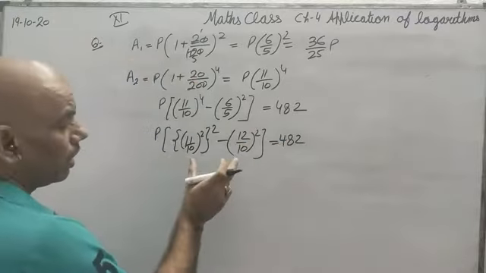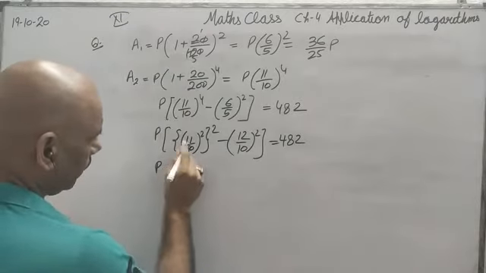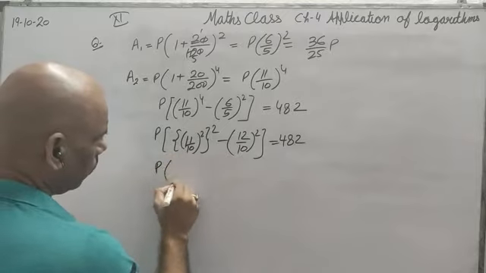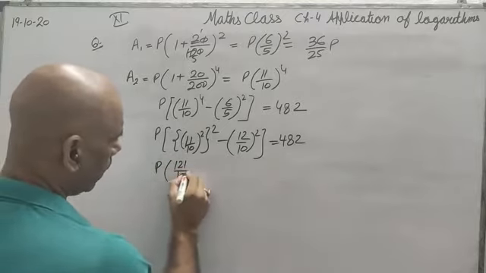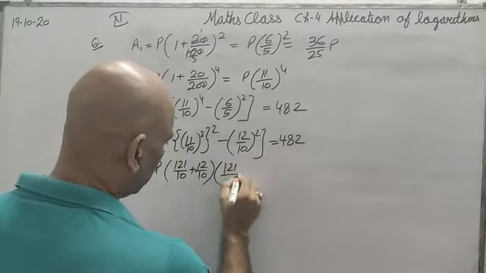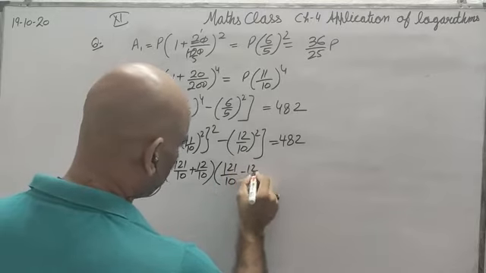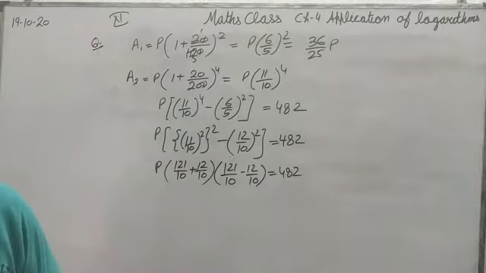I am going to apply a square minus b square. So that will give me (121/10 plus 12/10) and (121/10 minus 12/10), 482. So this way I get it.